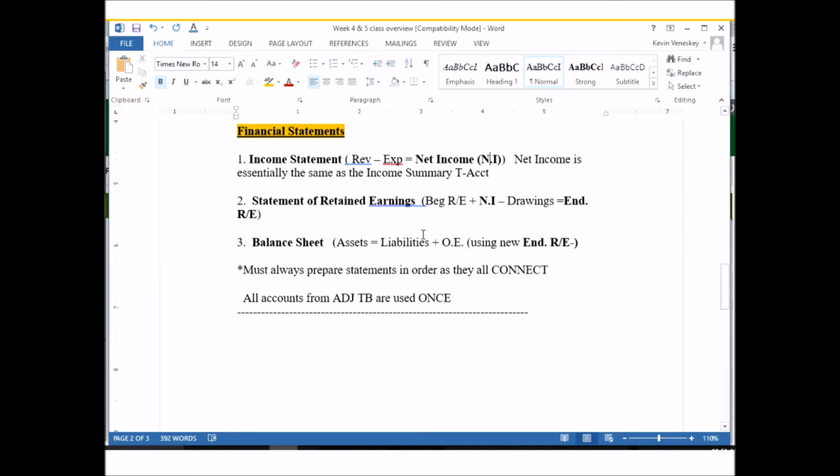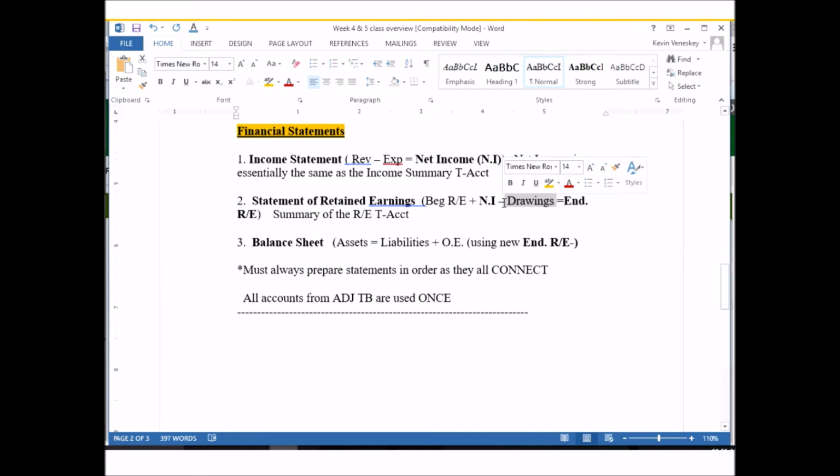The second statement is our statement of retained earnings. All this is basically a summary of the retained earnings T account. We start with our beginning retained earnings as our T account would. We then add in our net income, which also happened when we were doing the closing entries, when we closed out income summary.